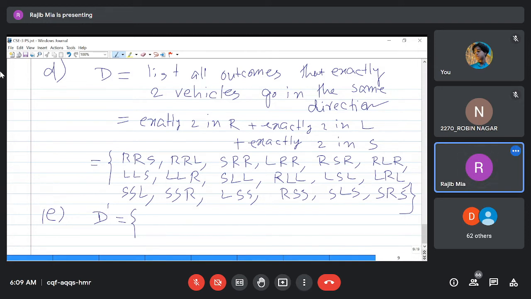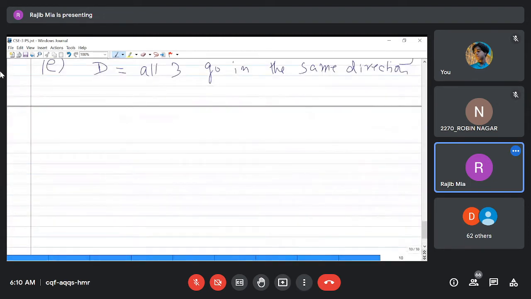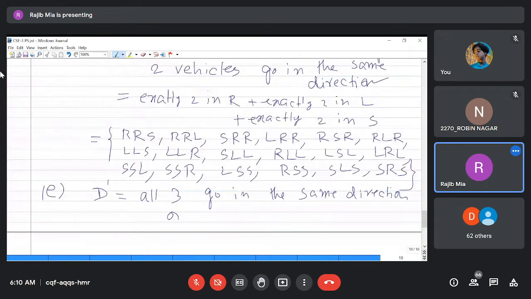either all three in the same direction, or they go in different directions.